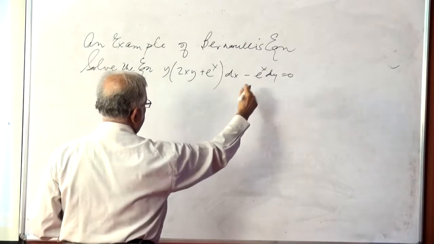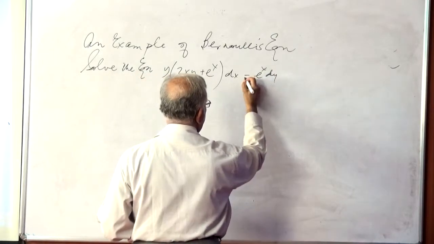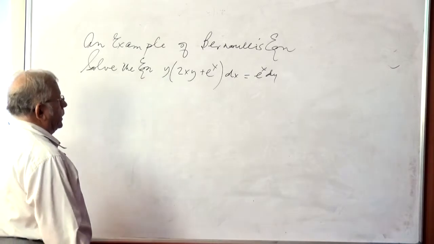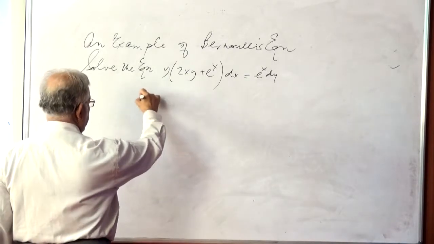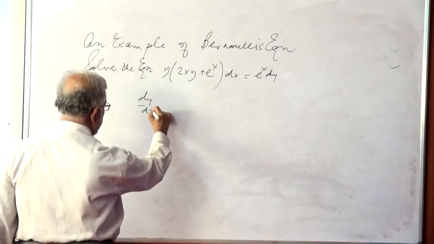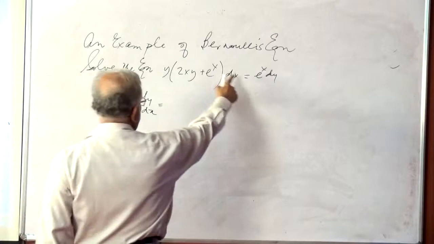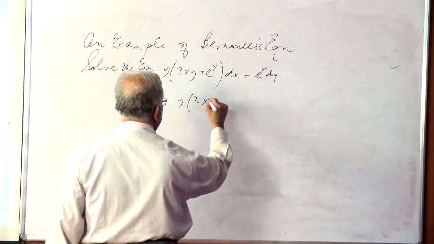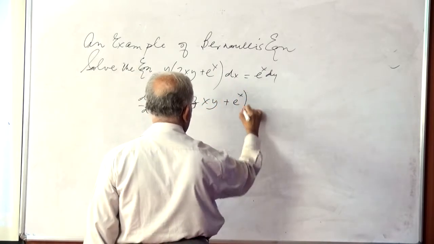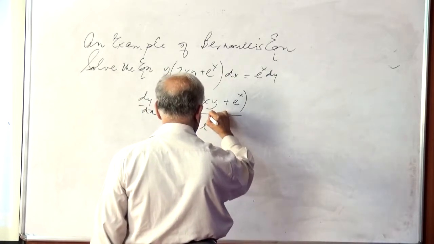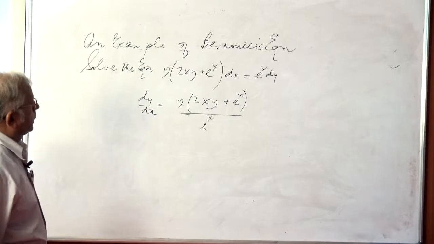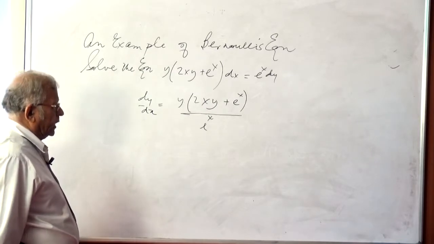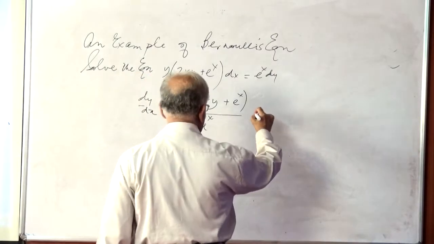If we transpose the left hand side term on the other side, then we can write dy/dx is equal to, cross multiply, y times 2xy plus e to the power of x divided by e to the power of x.